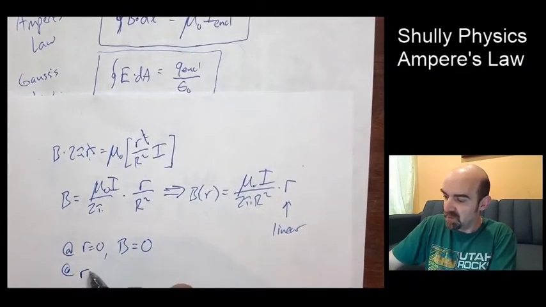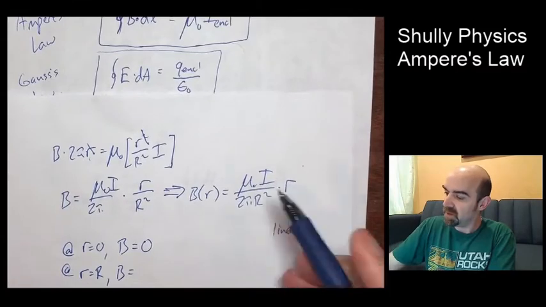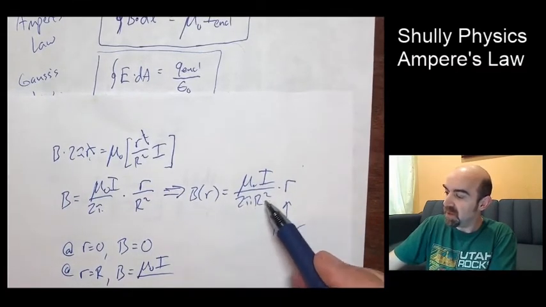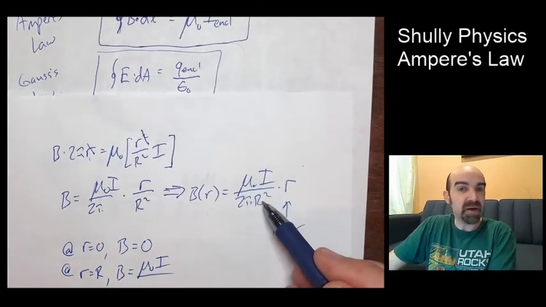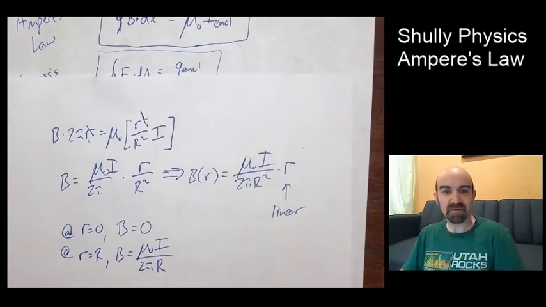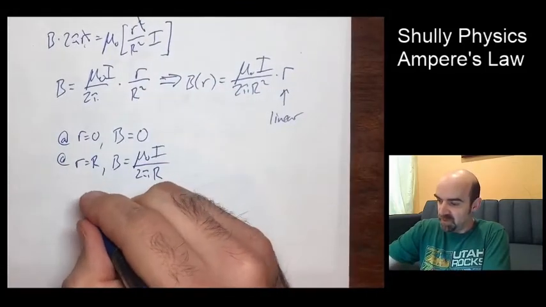And at r equals big R, what's the magnetic field there? Oh, that would be mu naught I divided by 2 pi big R, and big R divided by R squared is just a single big R. Okay. So now we'll redraw our graph.